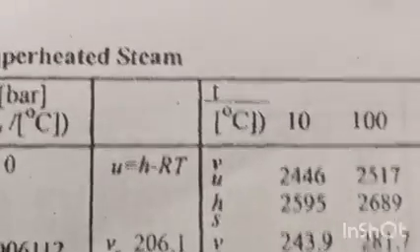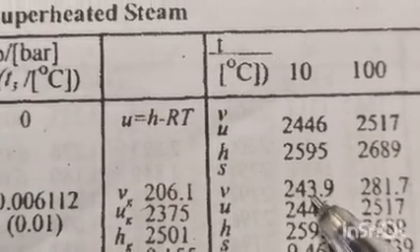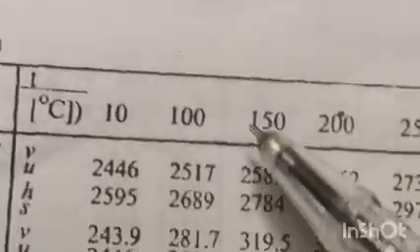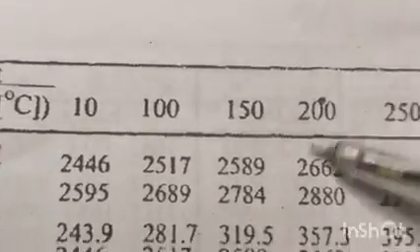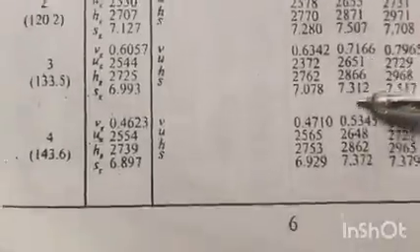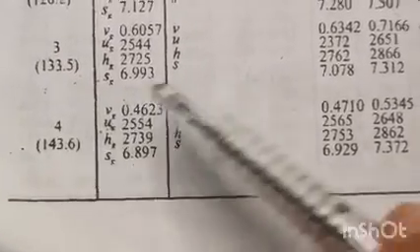Remember I said the first is always given as Vg, that's the specific volume. So at 200 degrees Celsius, let's trace down now to get 4 bar. This is 4 bar, that's the pressure, and this is 200 degrees Celsius, right?